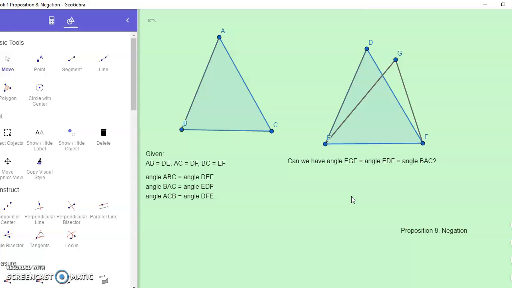true. In other words, class, in falsifying a certain proposition, like proposition 8, we have to attempt to create a scenario that would make it invalid.